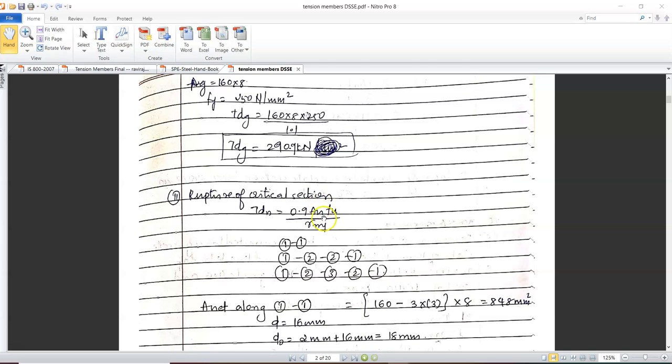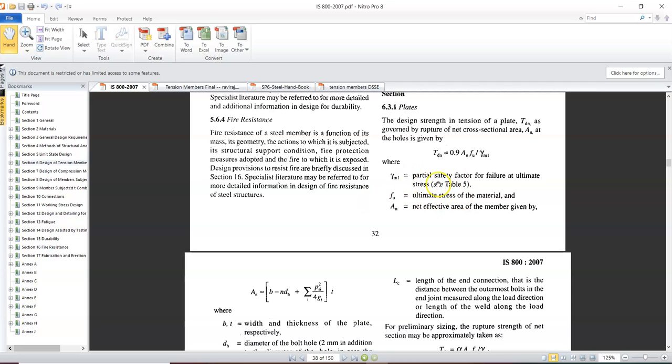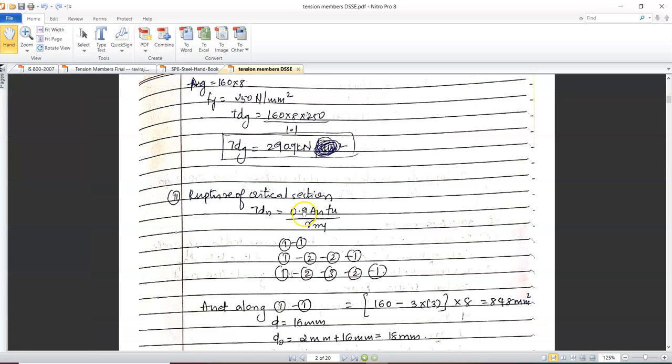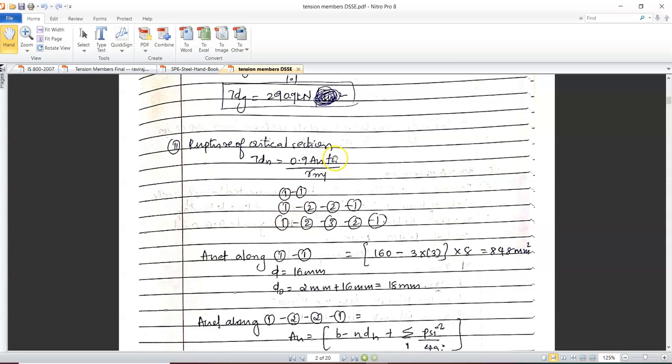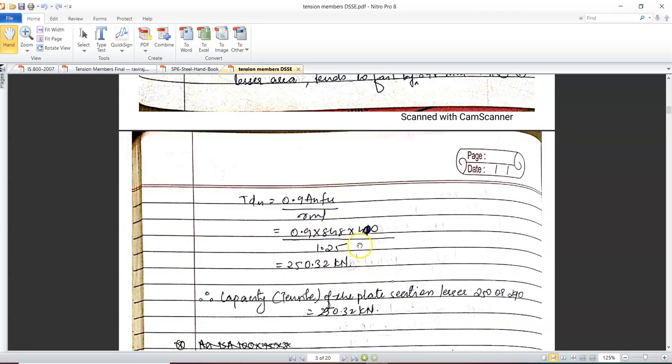An refers to the net area, Fu refers to the ultimate stress of the material, and gamma m1 is the factor of safety from Table number 5. Fu, you already know, is 410, gamma m1 will be 1.25, and 0.9 is a constant.